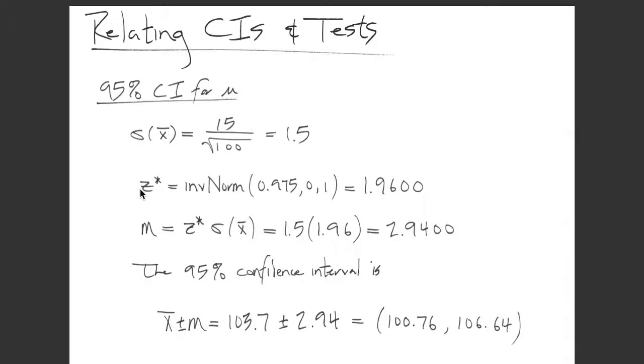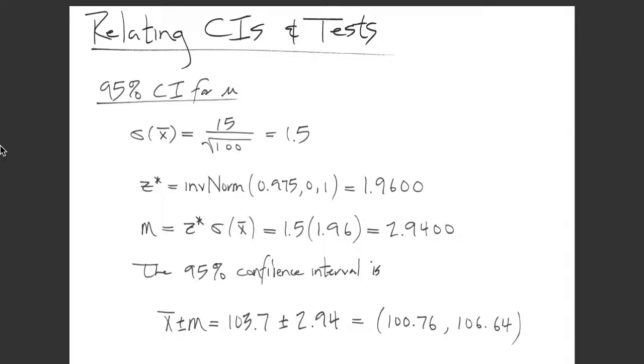The critical value for the confidence interval, z star, is the upper bound of the middle, whatever percent your confidence level is, of the standard normal distribution. So the middle 95%, the upper bound of that would be the 97.5th percentile. So we have this inverse norm calculation that gets us 1.96.